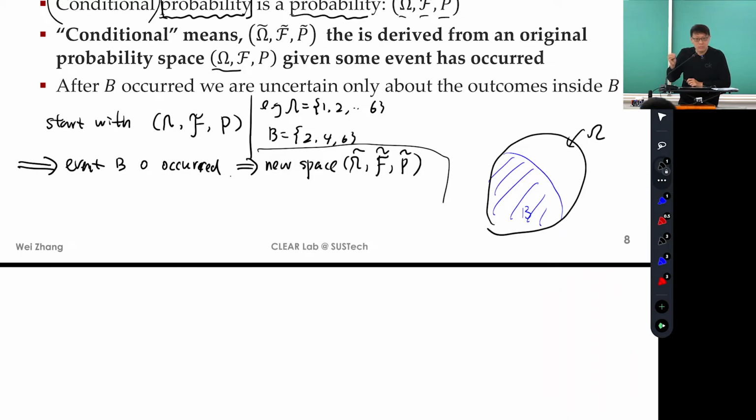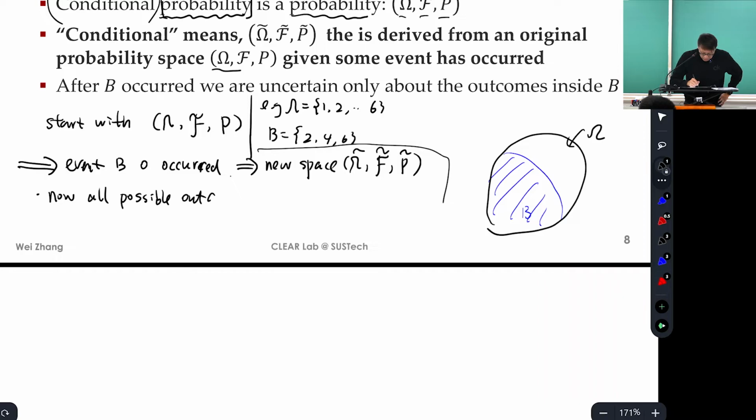So now what is the new sample space? Now, all possible outcomes is B. B is a set, okay? Outcome is a set.